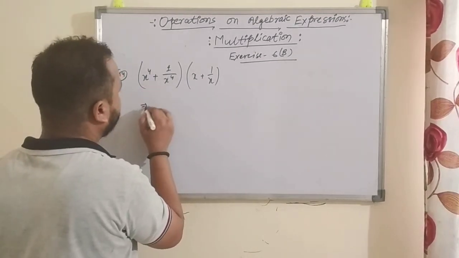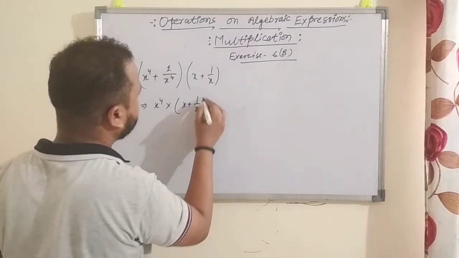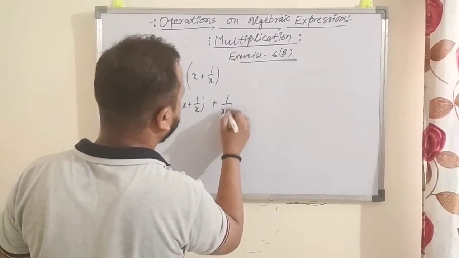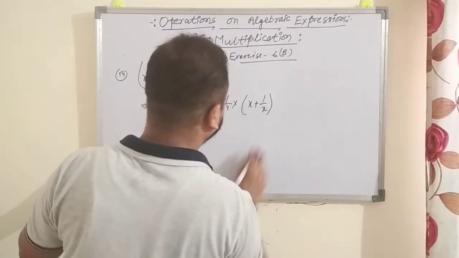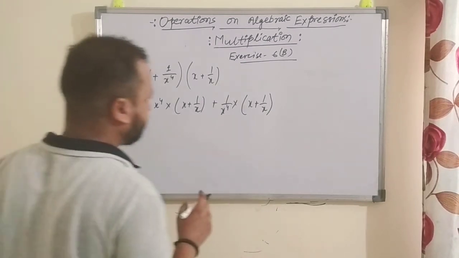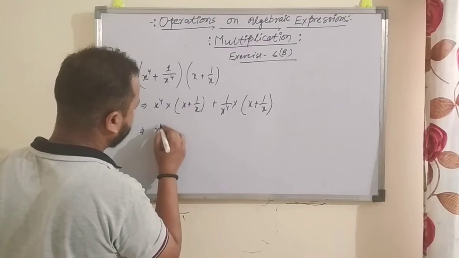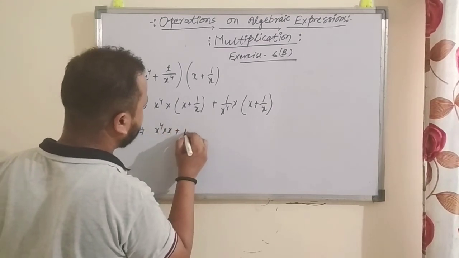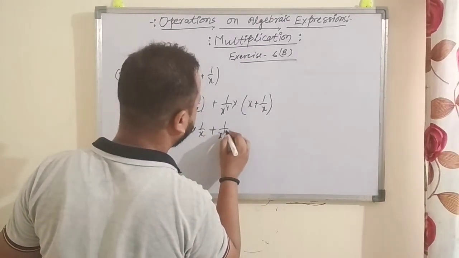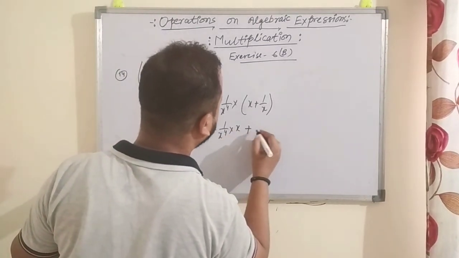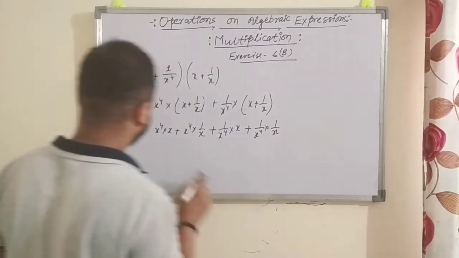First x power 4 multiplied with x plus 1 by x, and then 1 upon x power 4 is being multiplied with x plus 1 by x. So x power 4 into x plus x power 4 into 1 by x plus 1 upon x power 4 into x plus 1 upon x power 4 into 1 upon x.